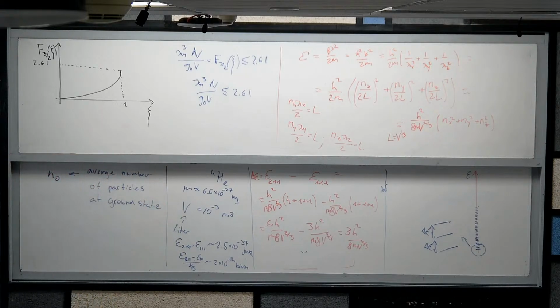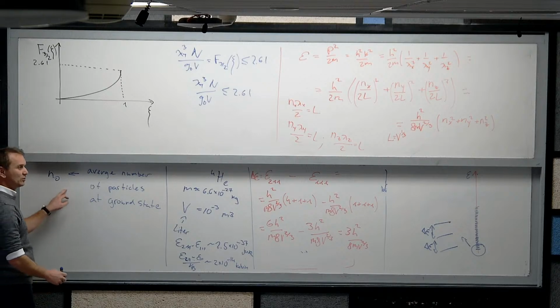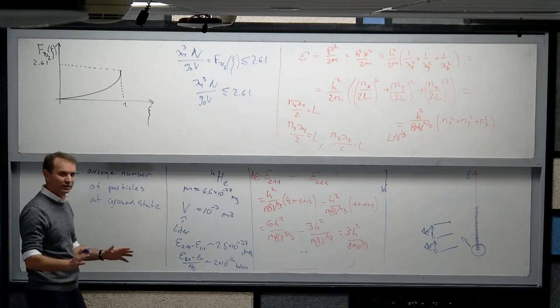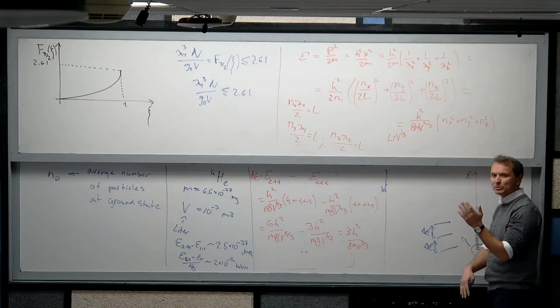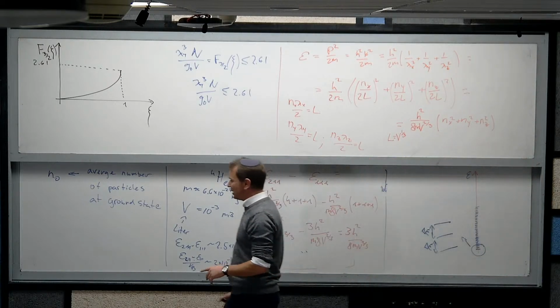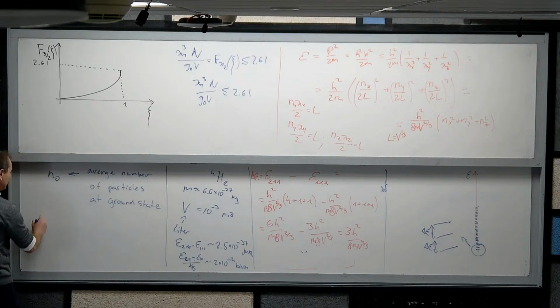What is this average number of particles in the ground state? We know how to calculate it. We don't need anything about the continuous spectrum or discrete spectrum, and we don't need the grand canonical potential. We know how to calculate this from scratch using the partition function, and we already did it.